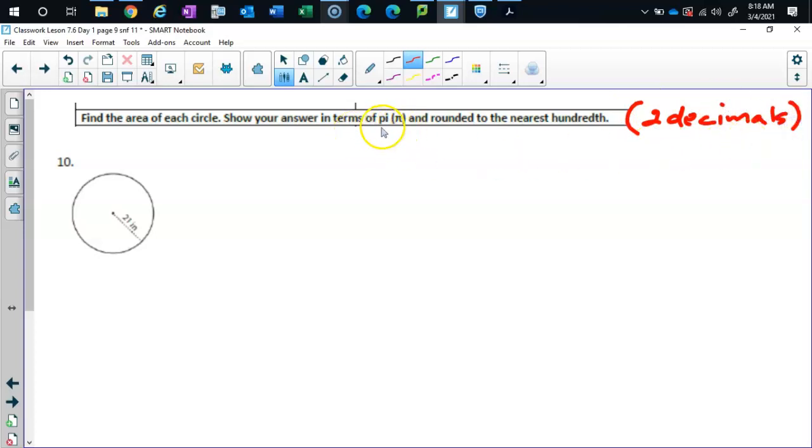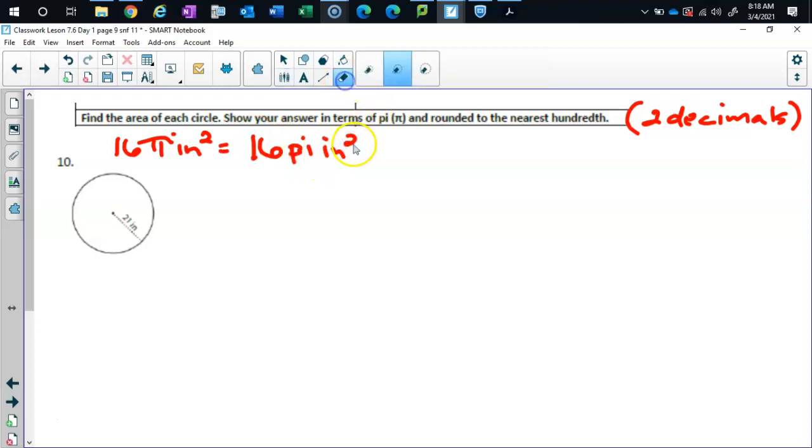So first, let's find the area in terms of pi. Now, when you type this in, there is no pi button. Let's pretend your answer is this. Okay, let's pretend that's what you get. When you type this into the Edpuzzle, I want you to type 16 pi, P-I, inches.